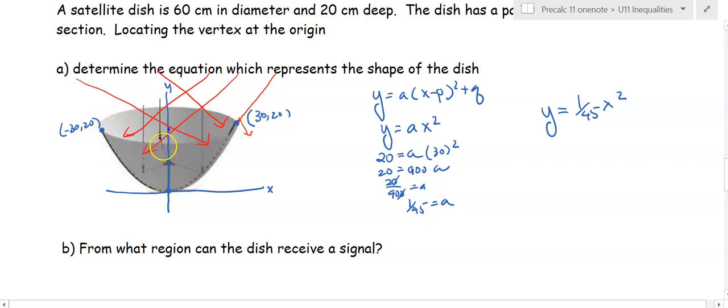So it's anywhere greater than this, but not equal to, right? So anywhere greater than 1 over 45 x squared is where all of those xy pairs, all of those locations on the grid, will receive the signal from this satellite dish. Anywhere out here will not receive a signal from this satellite dish.